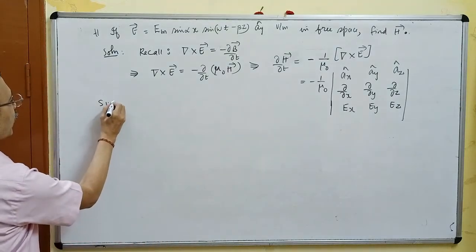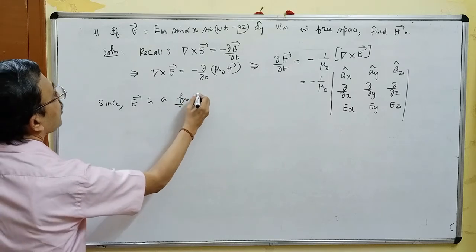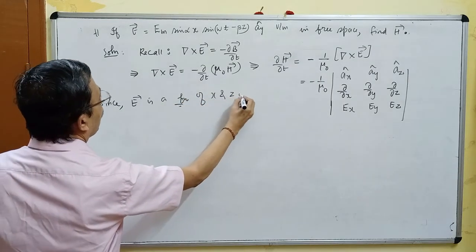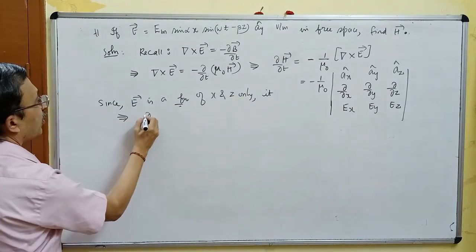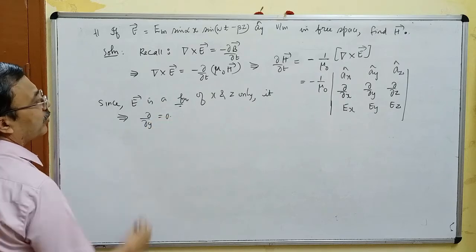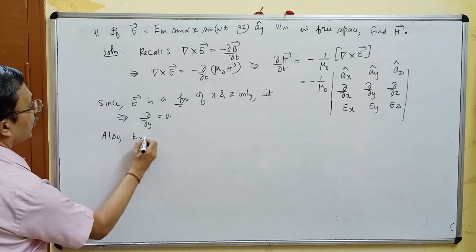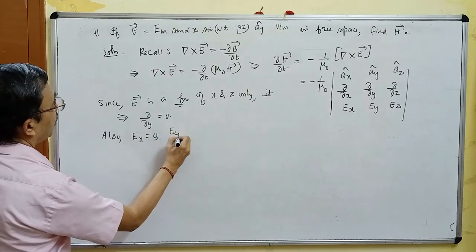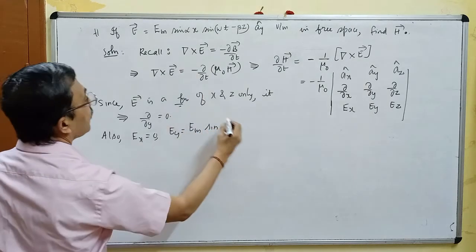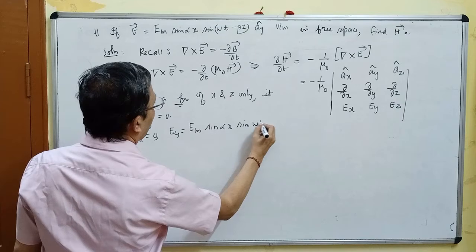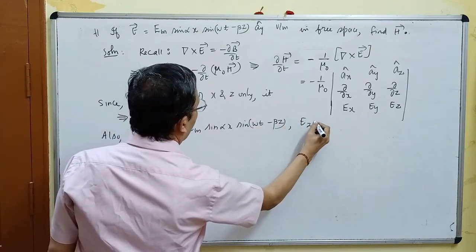Since vector E is a function of x and z only, it implies dou by dou y equal to 0. Also, Ex is equal to 0, Ey is equal to Em into sin alpha x into sin(omega t minus beta z), and Ez is equal to 0.